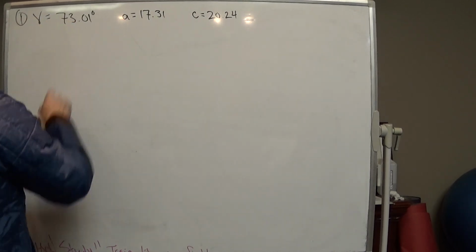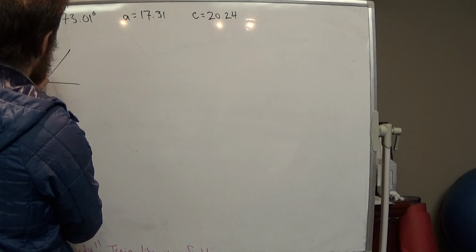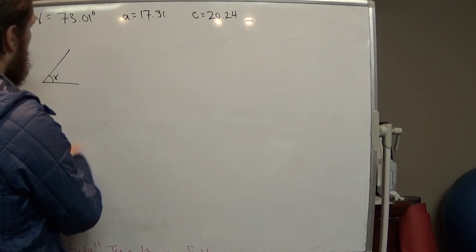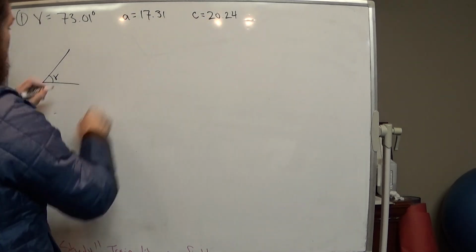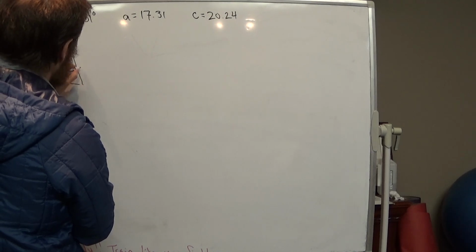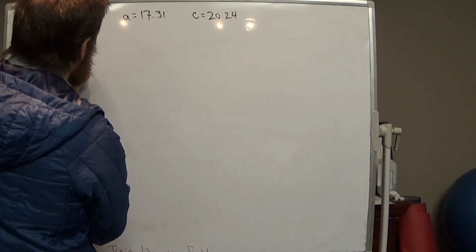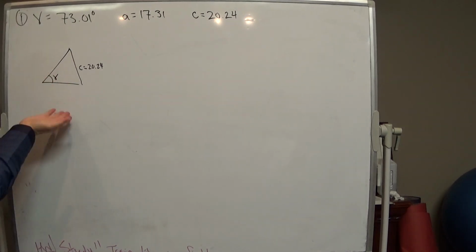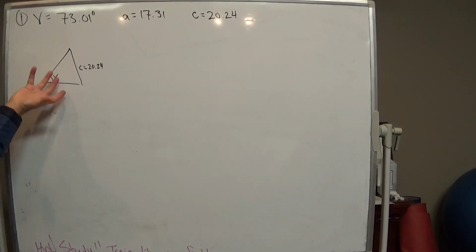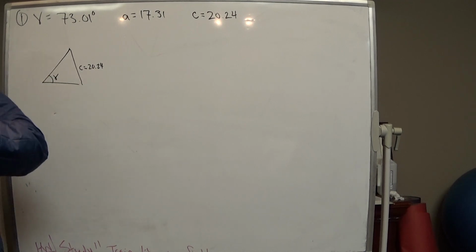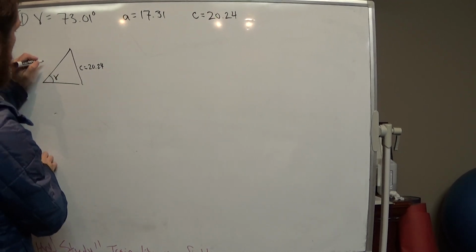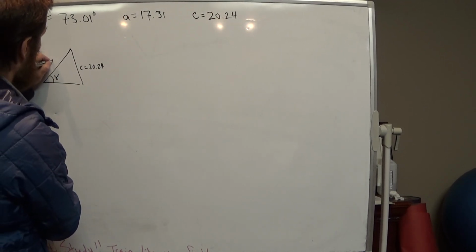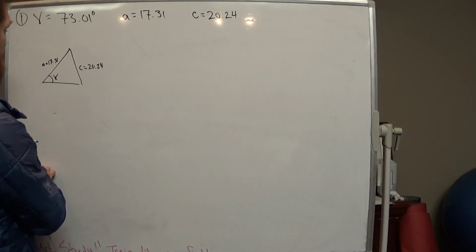Gamma is the given thing, so I'm going to do my gamma right here. There's gamma. And then we have the opposite side of gamma, which is C, right here. And that's 20.24. Now, it doesn't matter either way, because I could flip this if one of them's wrong. So I'm going to choose this to be A right here, 17.31.